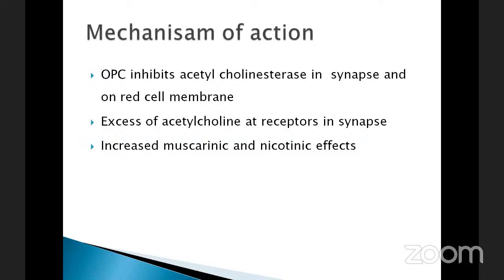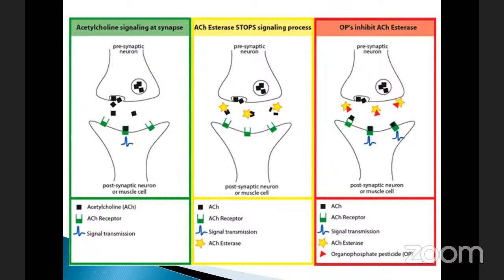The main mechanism of action for OP poisoning is that it inhibits acetylcholinesterase in the synapse and on the red blood cell membrane, thereby causing excess acetylcholine at receptors in the synapse, which leads to increased muscarinic and nicotinic effects. This diagram shows acetylcholine signaling at the synapse.